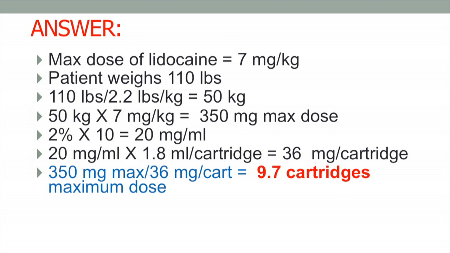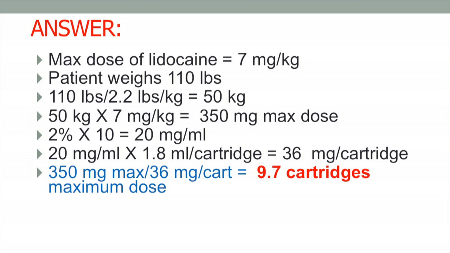The answer to this question is first addressed by considering the maximum dose of lidocaine, which is 7 milligrams per kilogram. If the patient weighs 110 pounds, you need to divide 110 pounds by 2.2 pounds per kilogram to get the body weight in kilograms, which is 50 kilograms.